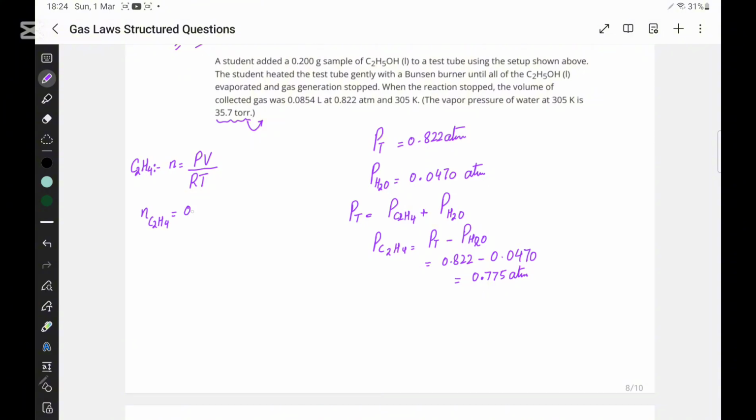Pressure is going to be 0.775 times the volume, and volume here is given, that is 0.0854 liter, divided by R, 0.08206, times the temperature, that is 305 Kelvin, and the moles that comes out to be is 0.00264 mole.